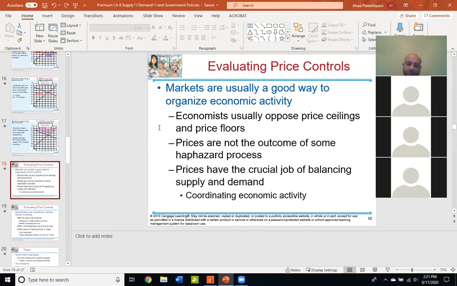Economists usually oppose price ceilings and price floors. Prices are not some made up thing. They're very important. Again, we really care about our prices. They have the crucial job of balancing supply and demand. Prices are not something that you can just change.